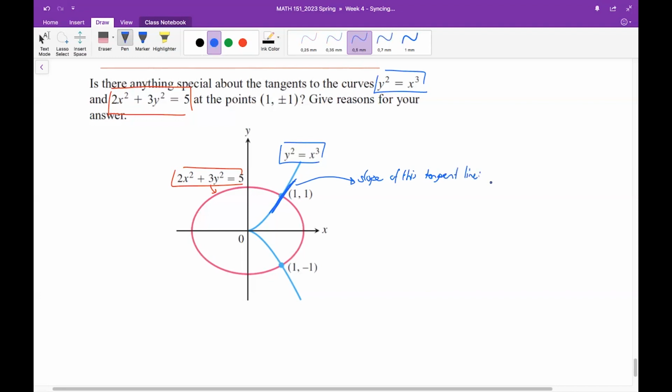How can I find it? Of course, I will go to the equation of the original curve and compute the first derivative of it at the indicated point. So the slope is in fact y prime evaluated at this point (1, 1). This will give us the slope, okay?